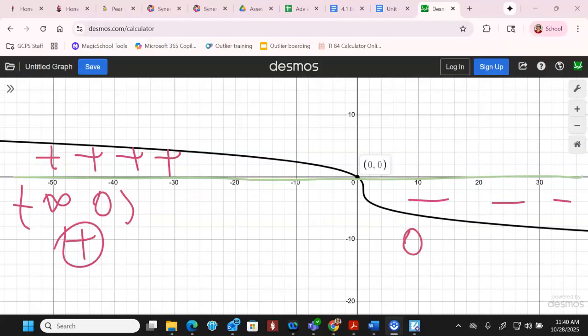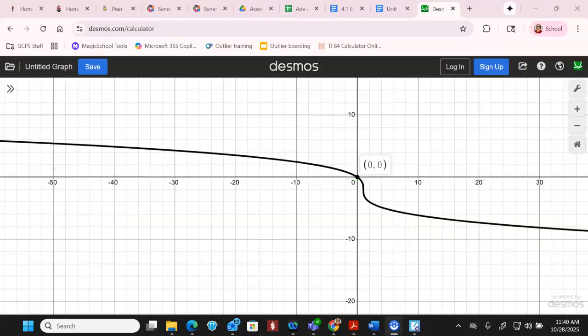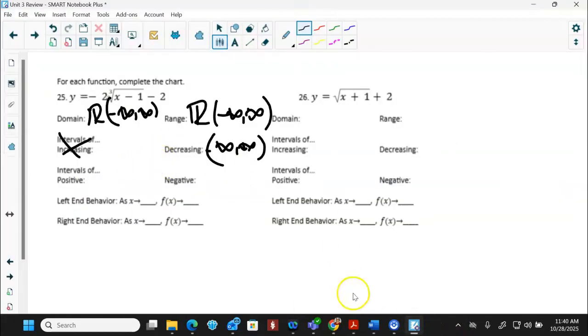After it hits that 0, to infinity, not down, to the right, we're reading it left to right, it is negative, okay? So negative infinity to 0, and then at 0 to infinity continues to be negative, okay?